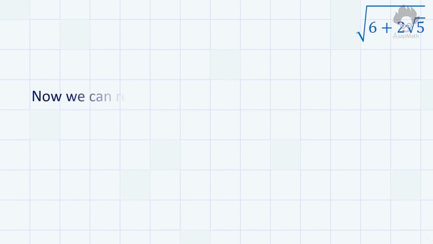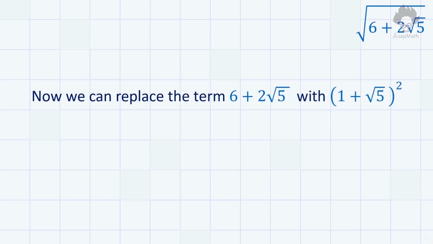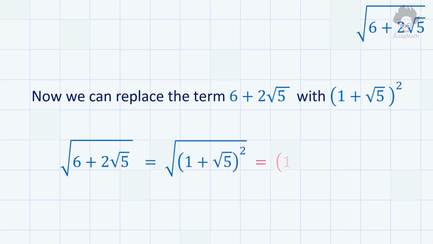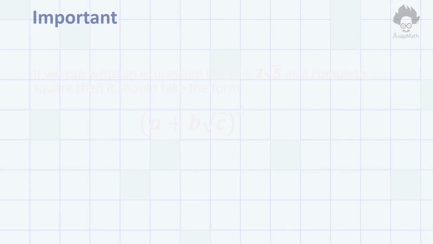We can replace expression 6 plus 2 square root 5 with complete square of 1 plus square root 5. With simplification, final answer would be 1 plus square root 5. There are few important facts to be considered.